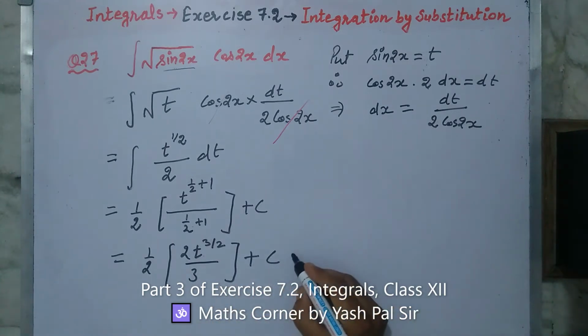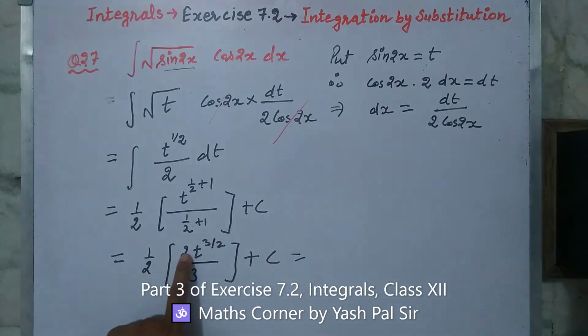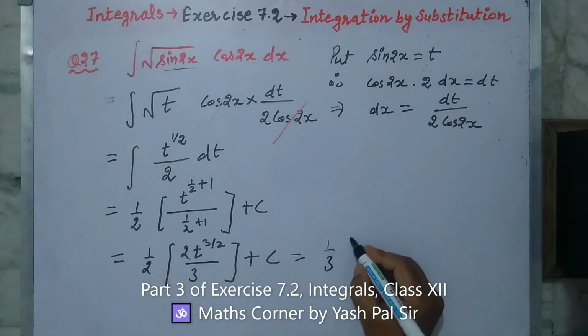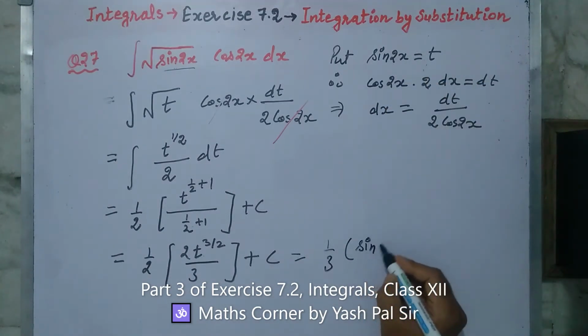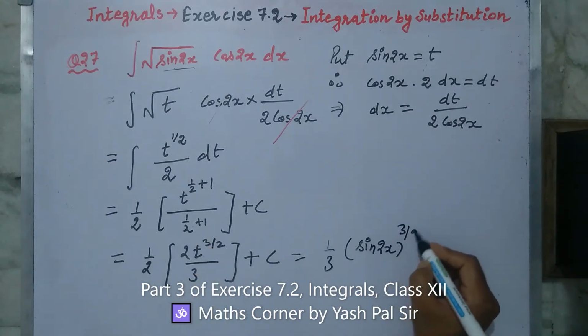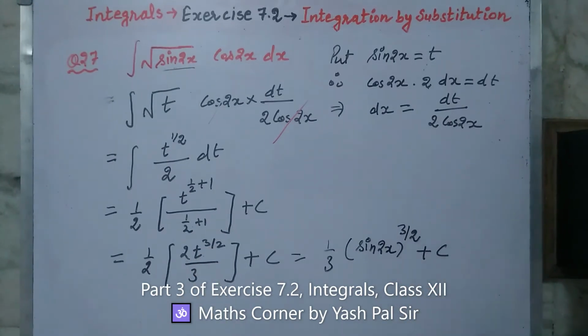So the 2 gets cancelled, 1 upon 3 t. The value of t is sin 2x whole raised to power 3 upon 2 plus c.